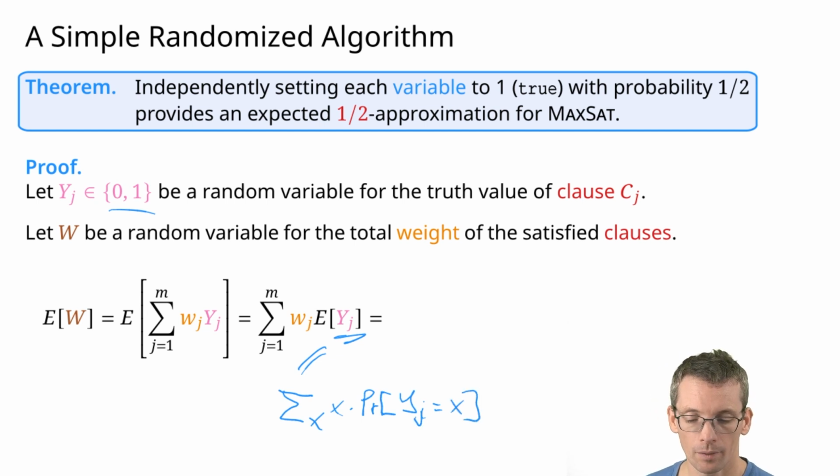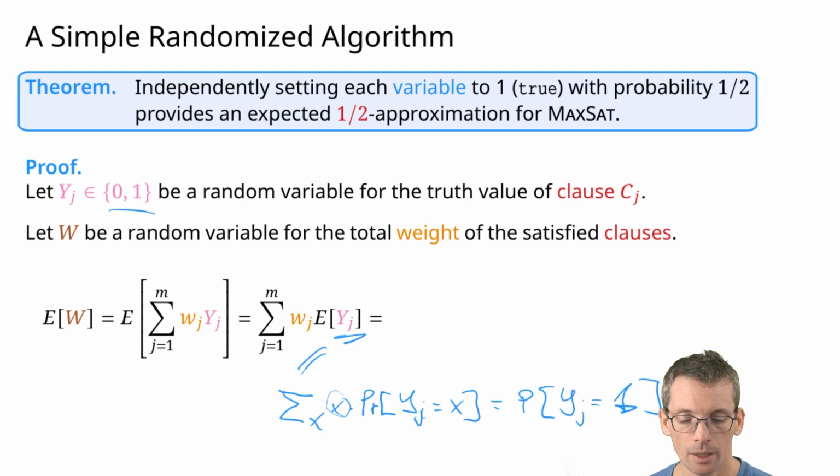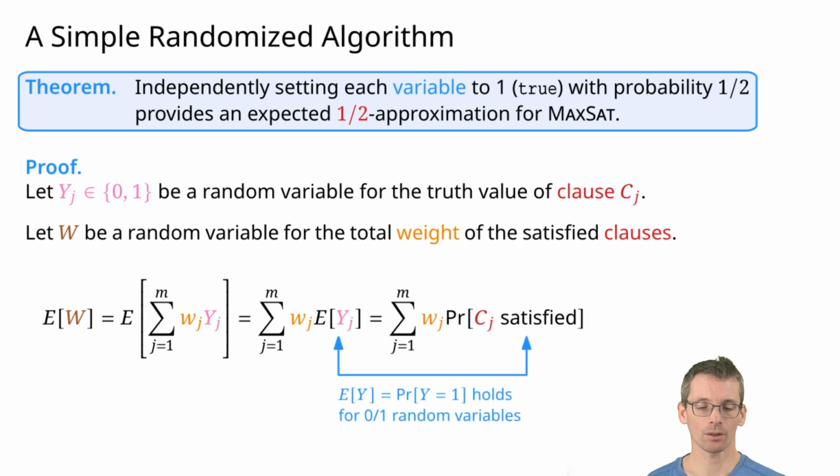The factor x, if I have a 0, makes the summand 0. So I really just get the probability of yj being 1 as the value for the expected value, and that's what we're using here.